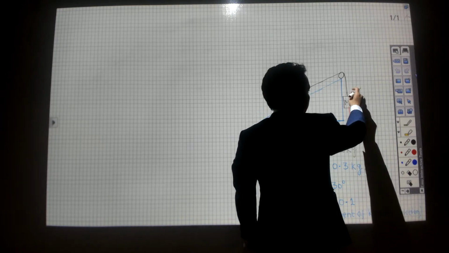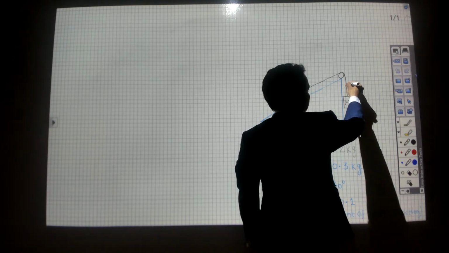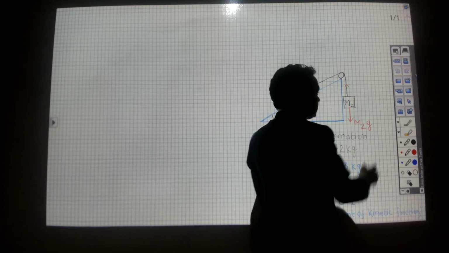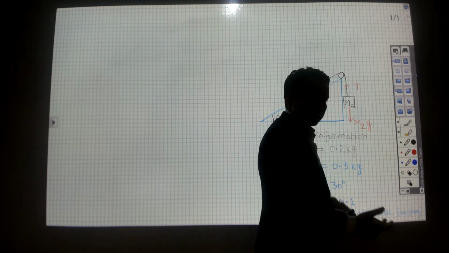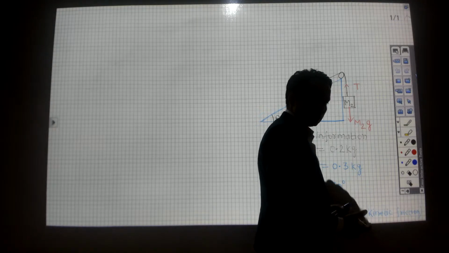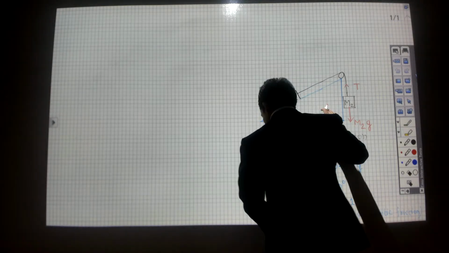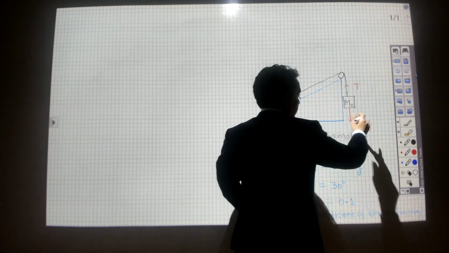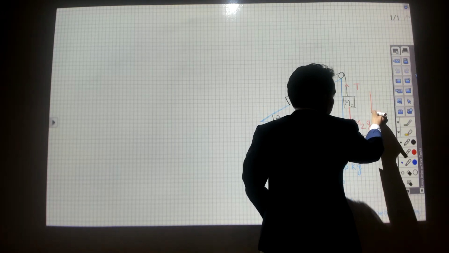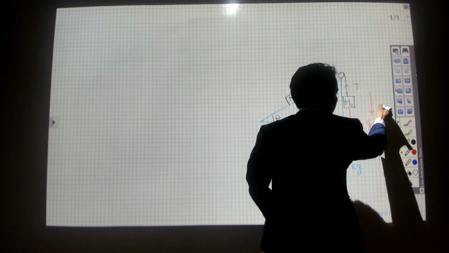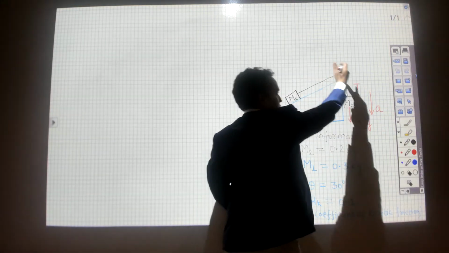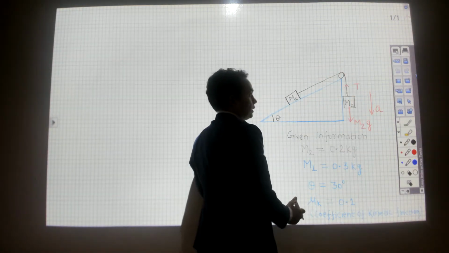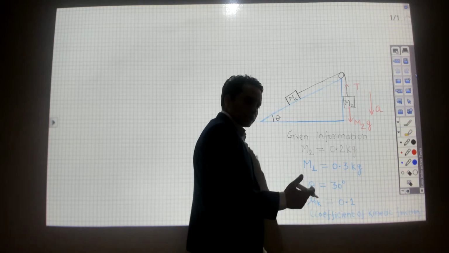And now this one is supported by a string, so it has tension. The tension in the string, let's say this is T. We have to calculate it. We do not know the value yet, and we're going to calculate it. Now the system is falling downward, and I do not know the value of a. This is the acceleration of the system. It's falling down, and I'm assuming the value of the acceleration is a.